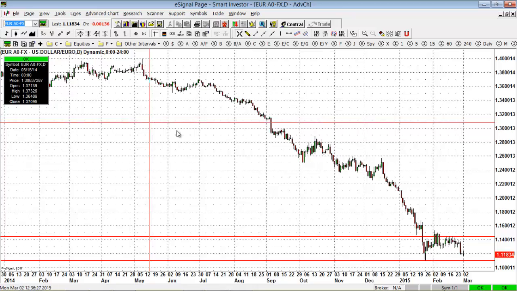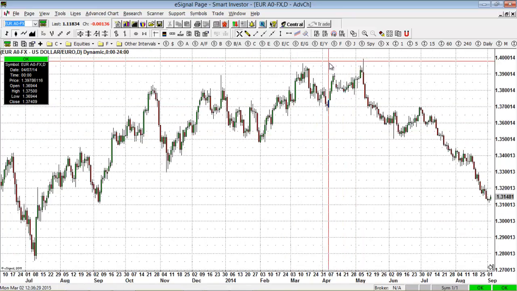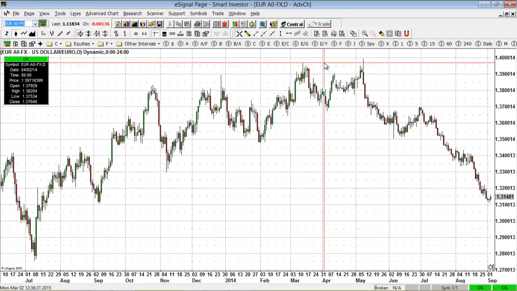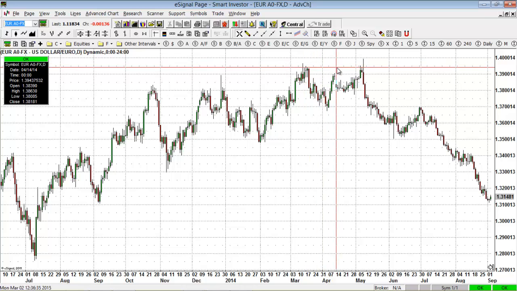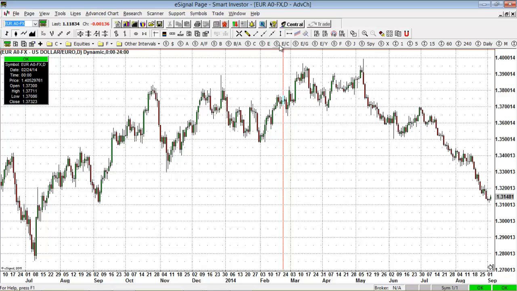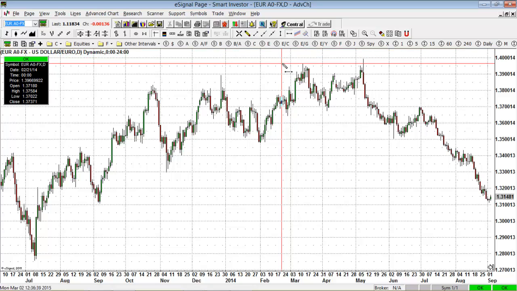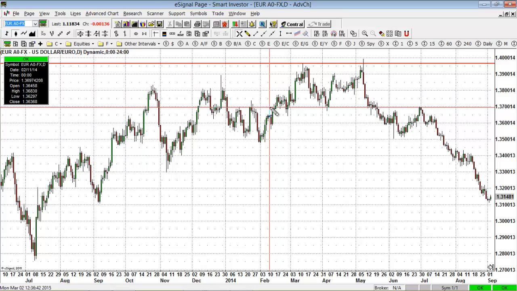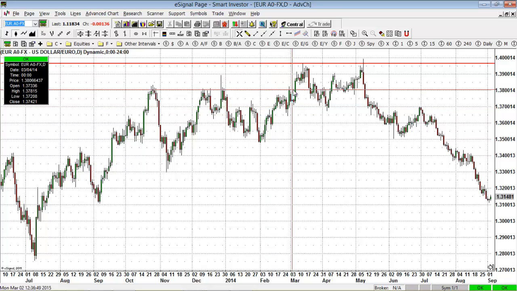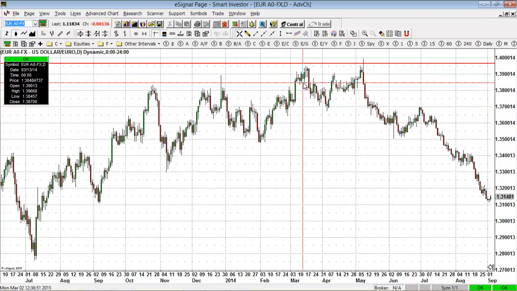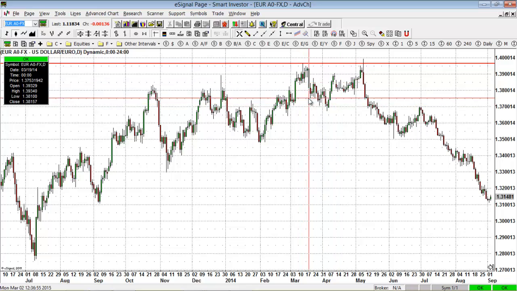Now, to give an example of what happened, just to give an example of this phenomenon, that's what started the decline back in June of last year. We had a high in mid-March, and this high was just below the 140 level, and the high was at 139.68.